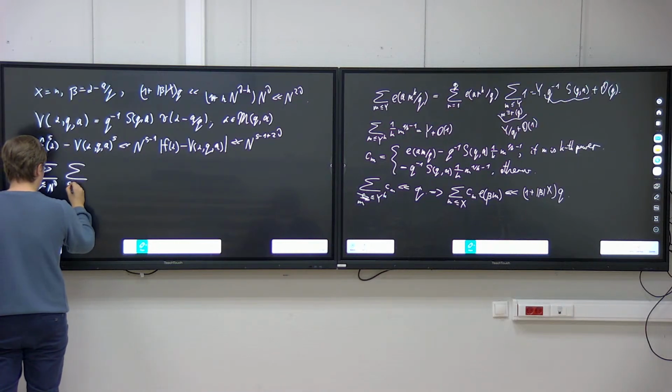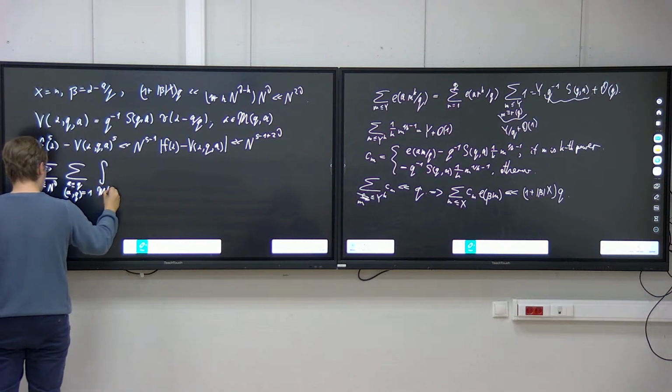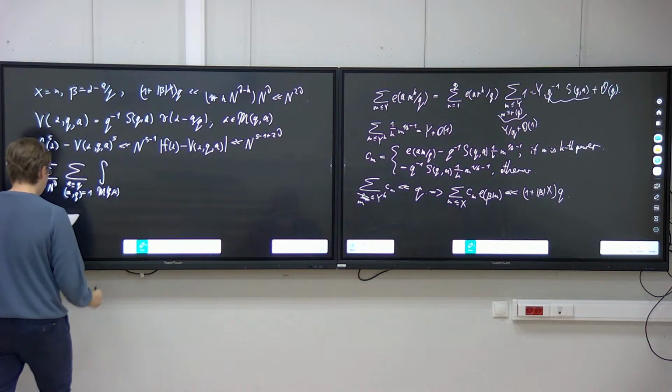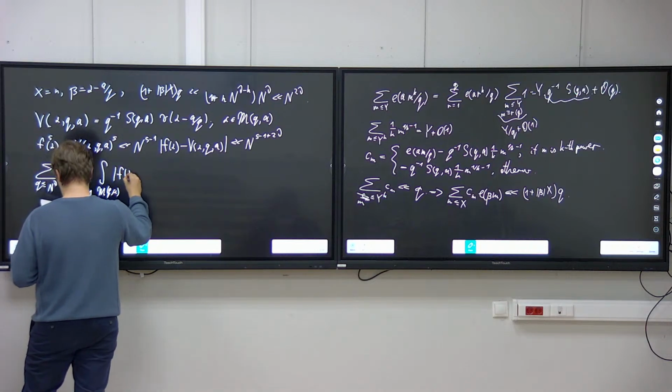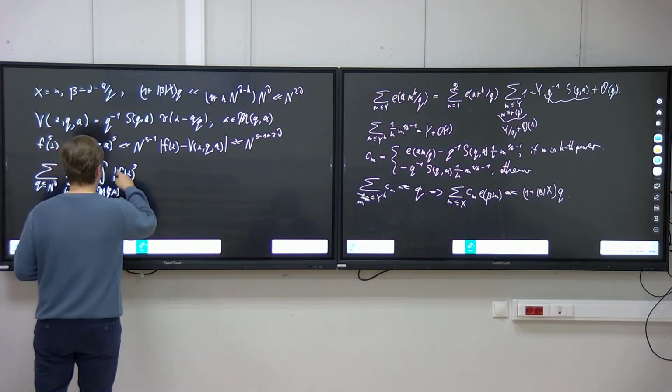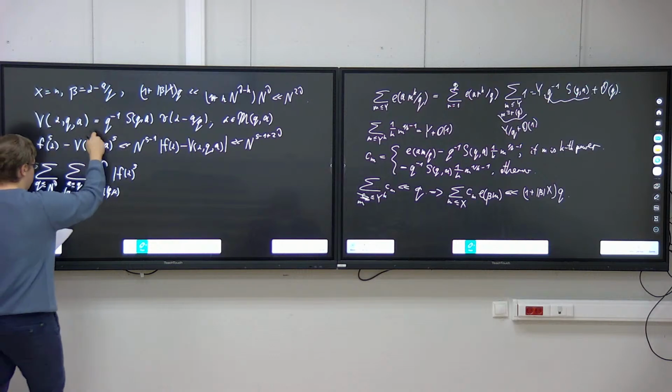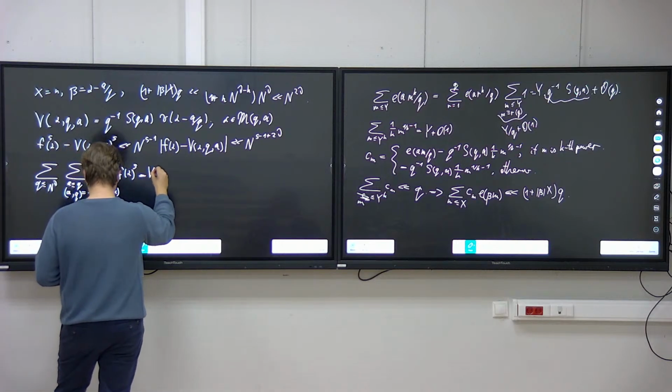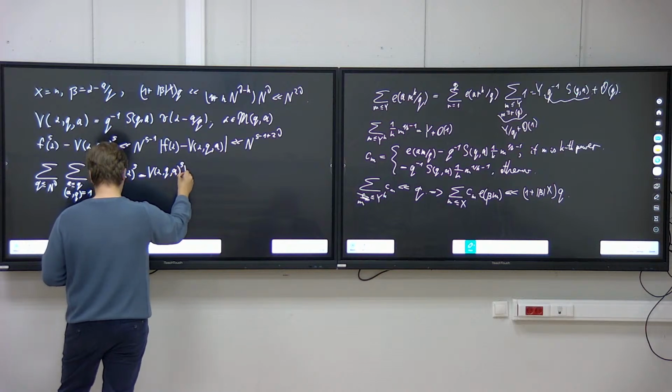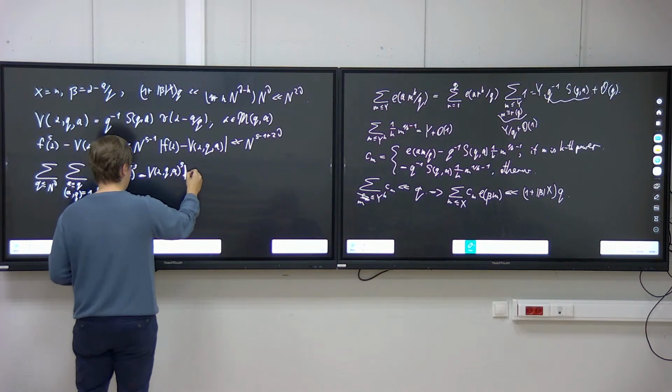a is coprime to q. The integral of f of alpha to the power s, and let's evaluate the difference of this power and v of alpha, q, a to the power s, d alpha.